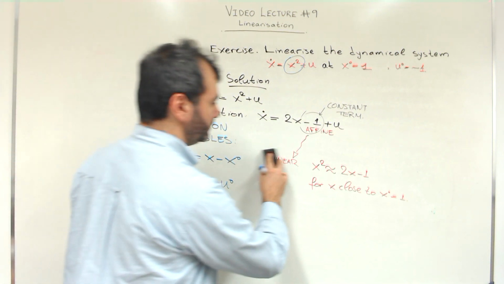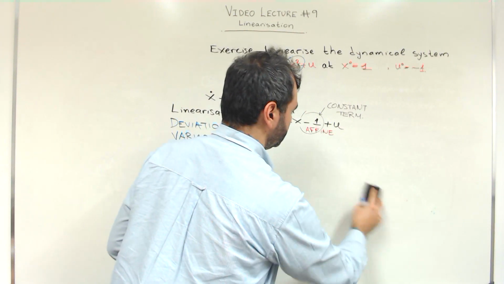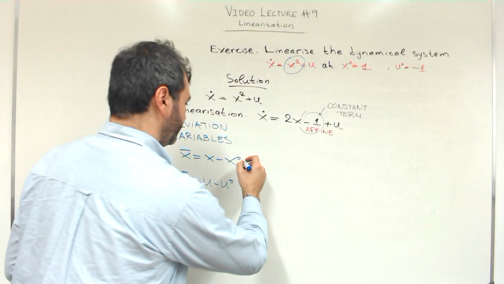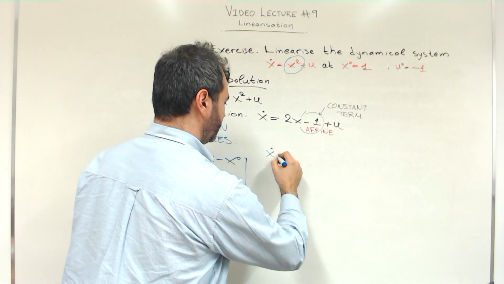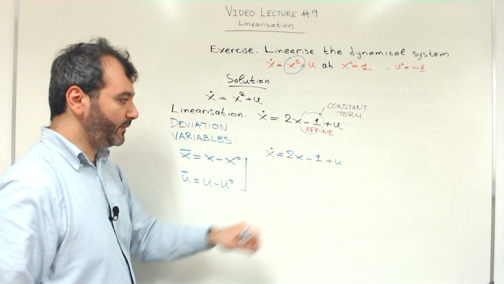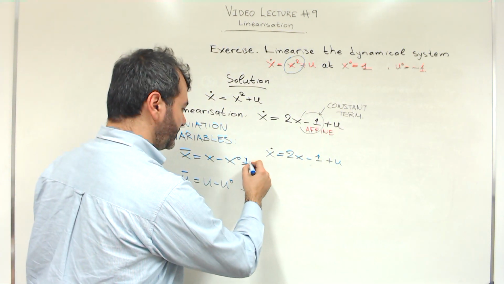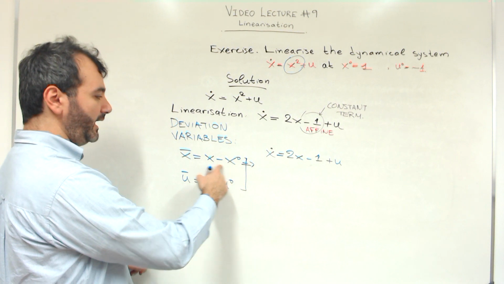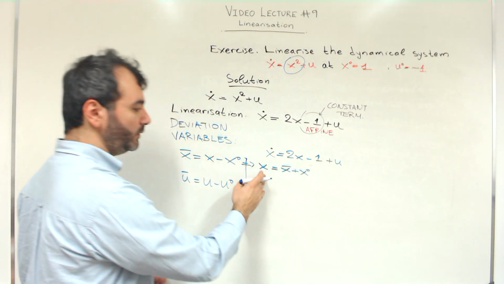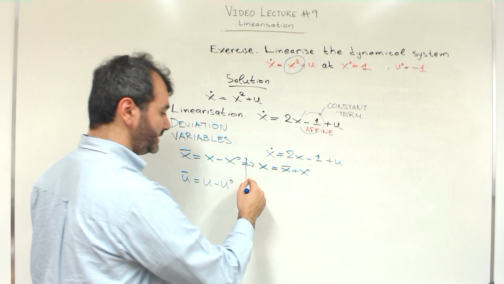Now, so this is the linearized dynamics. From this first equation, I can solve for x, and it will be x equals x bar plus x0.